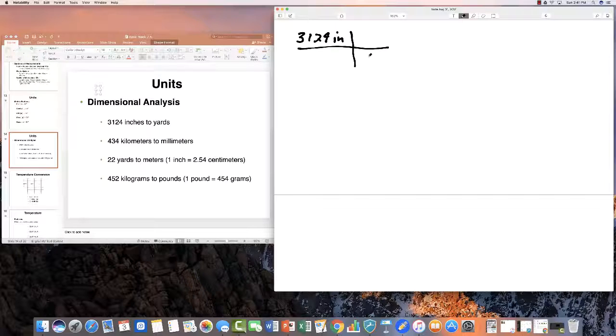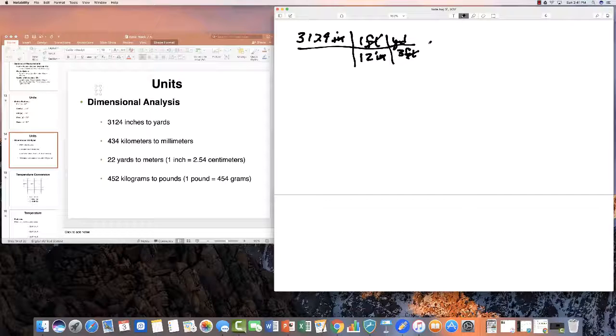Now we know that there are 12 inches in a foot, and we know that there are 3 feet in a yard. And so this foot cancels out that foot, and this inch cancels out this inch.